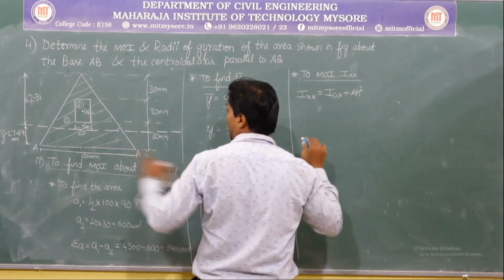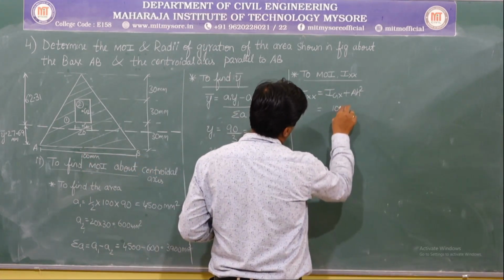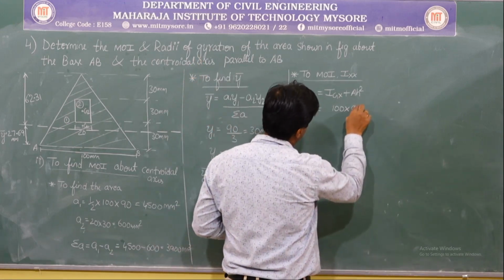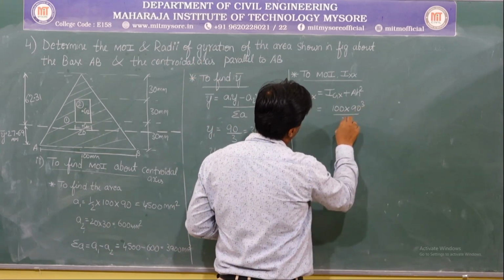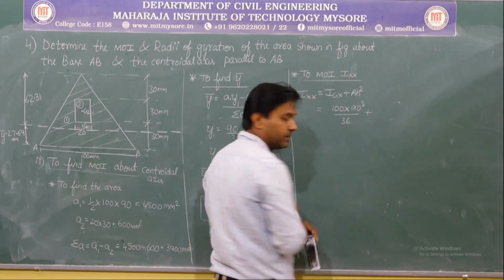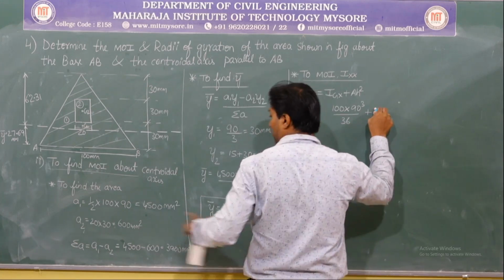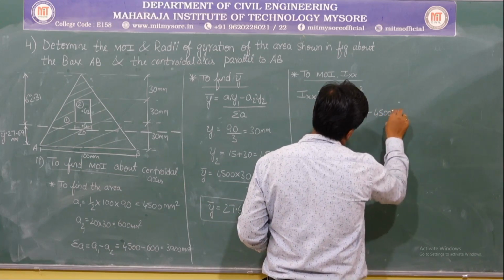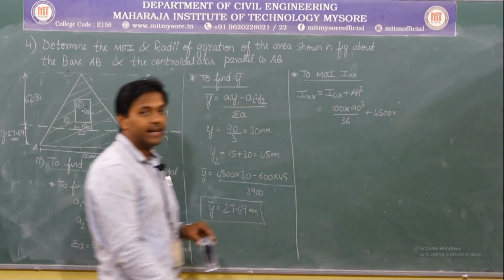So b, the breadth, is 100, h cube, 90 cube, by 36, plus the area of the first diagram, which is 4500, into h square. What is h?